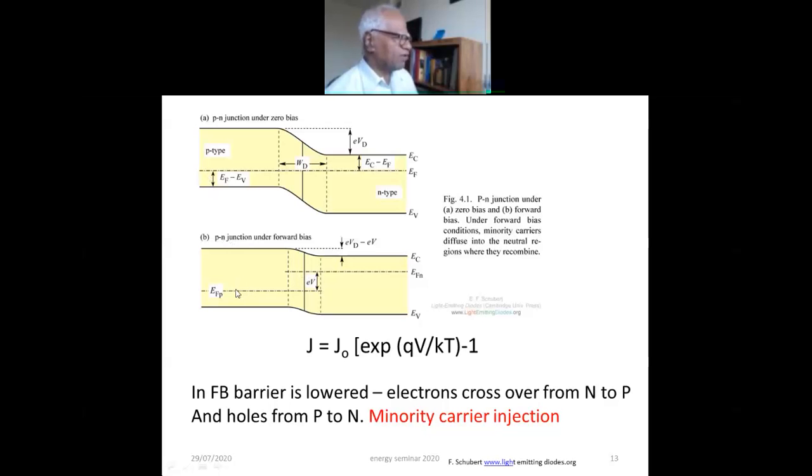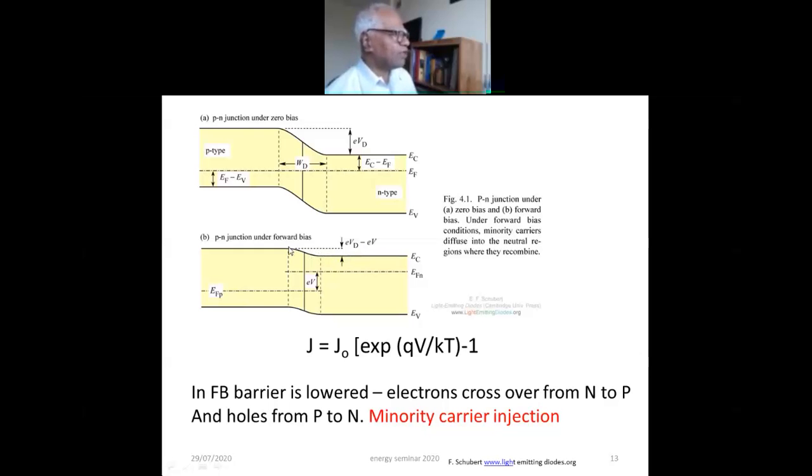So this is the Fermi level of the P and this is the Fermi level of the N, and the difference between the Fermi levels is the applied voltage. Now see what happens. Here, the electrons that went from N to the P faced a large barrier, and when you applied forward bias, this barrier is reduced, so you'll have more current, an exponential QV by KT current, which will go from the right to the left.